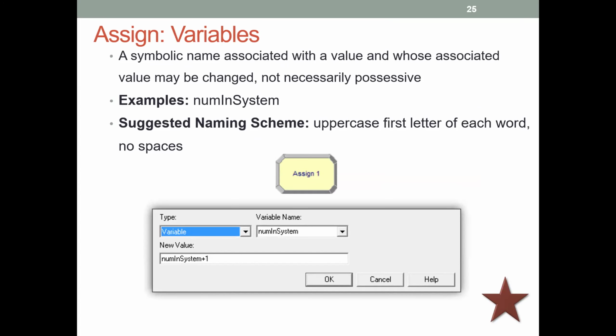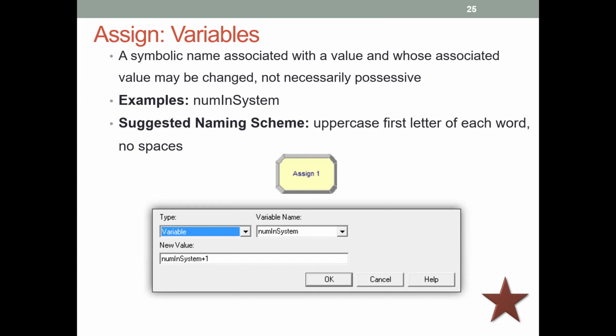If you choose to use a variable, you see this is changing now to the variable name, and then the new value. In this case, we are using the variable to compute the number of units inside the system or the working process. So after defining my variable, I'm adding 1, assuming this is going to be counting the number of entities that are entering the system.